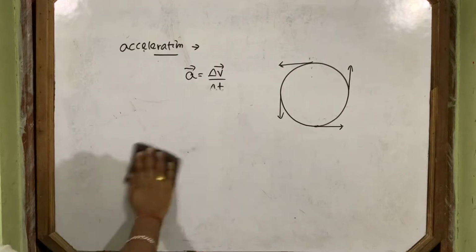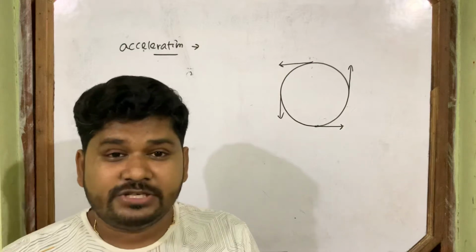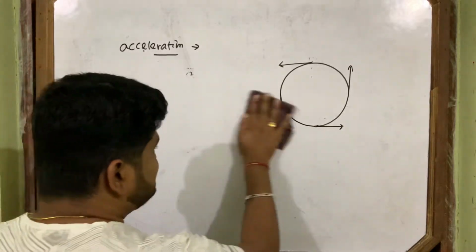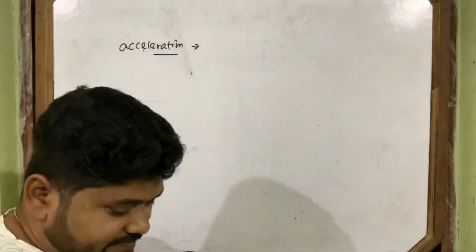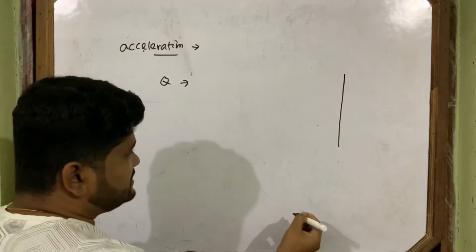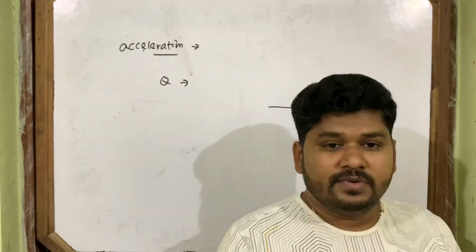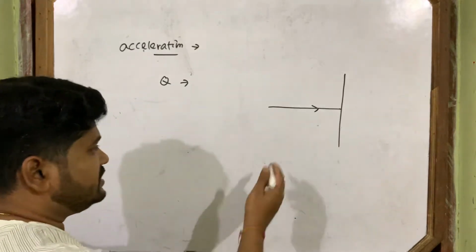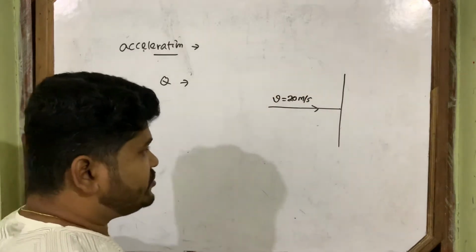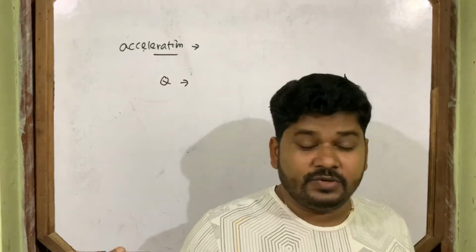So now this is about acceleration is equal to change in velocity by change in time. A simple question about this acceleration. Suppose one ball moves with velocity, suppose 20 meters per second, strikes a wall and returns back with the same velocity, with the same speed.